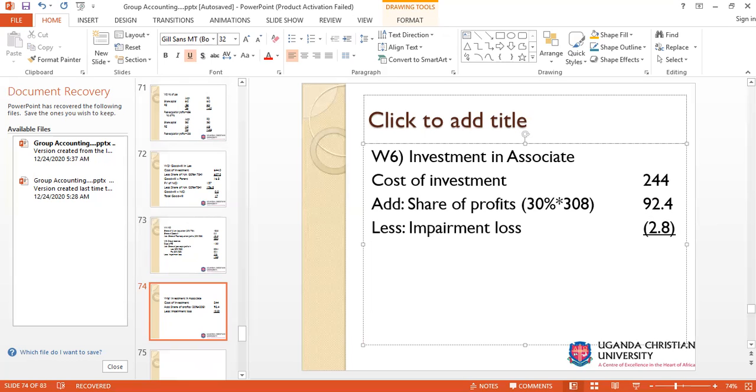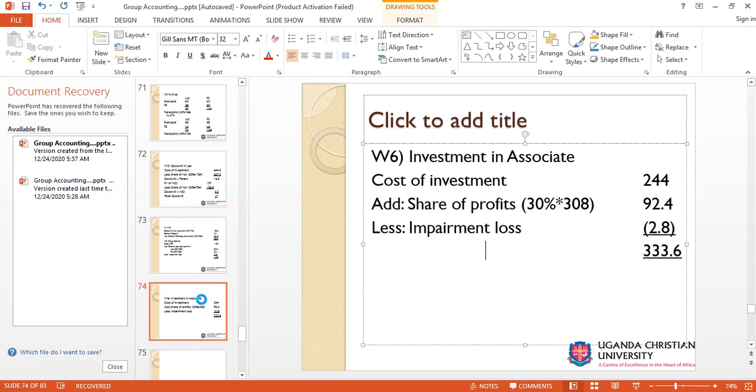That is the double entry for that. So 244 plus 92.4 minus 2.8 is 333.6. That is our investment in associate.